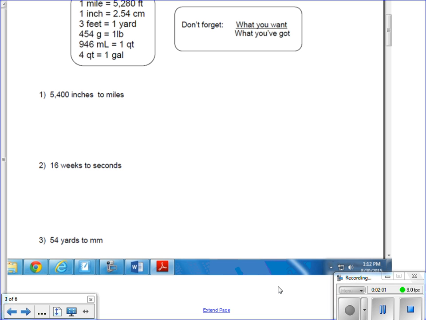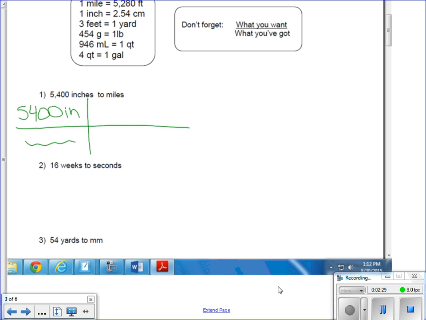So number one, in our very first box, we're going to put 5,400 inches. We have to put the units on the number. That's the whole thing about dimensional analysis. It's all based on units. So it doesn't matter if you can't figure out, should I multiply these numbers or should I divide them? What you're trying to figure out are what units I'm starting with, what units I'm going to end with.